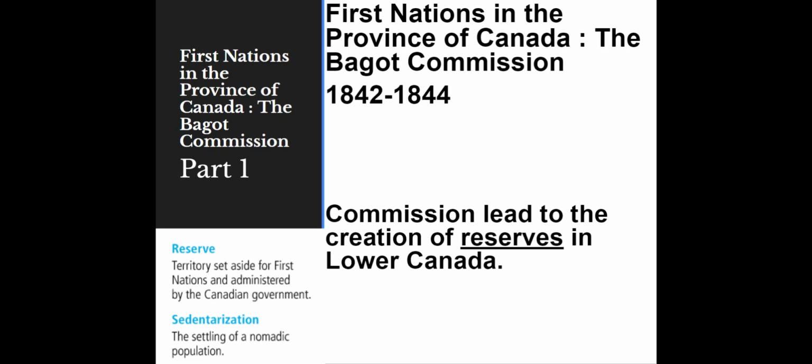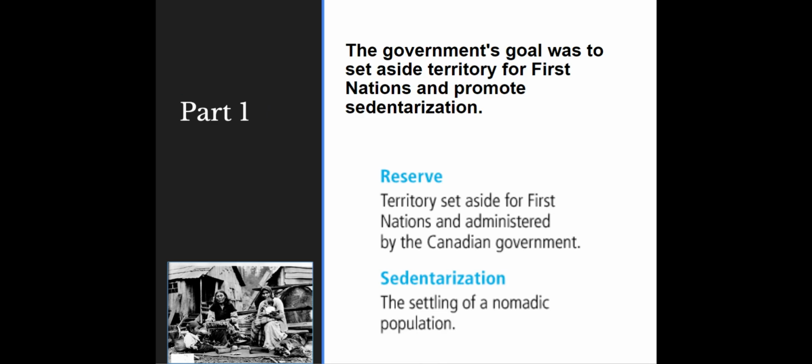Another important thing to note is the Bagot Commission, which created reserves in Lower Canada. Reserves are territory that is set aside for First Nations but controlled by the Canadian government. The government's goal in doing this was to set territory aside and promote sedentarization, the idea of staying in one place rather than a nomadic lifestyle.